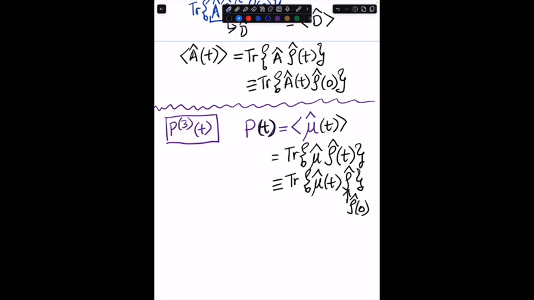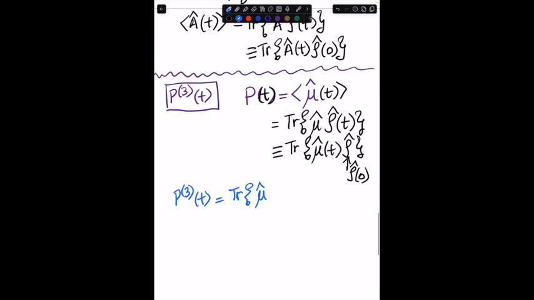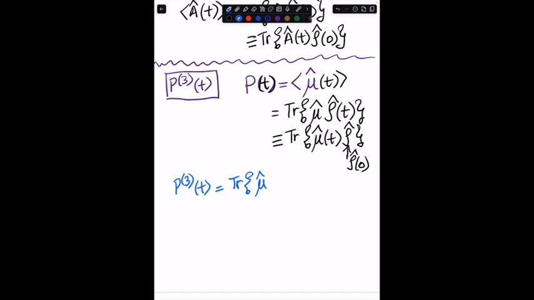So what we started off with was calculating the third order polarization by taking a trace of the dipole operator at rest with the third order density operator term, which is evolved in time.